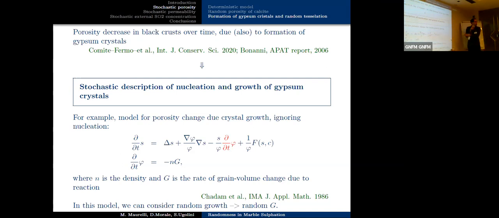Okay, maybe you can forget about C. If you introduce some statistics in the formulation of porosity, it will be changed because it's no more a function. Okay, I see. But if the growth rate depends on C on the pixel, so there is the connection, so it may be needed. It depends on how is the path.